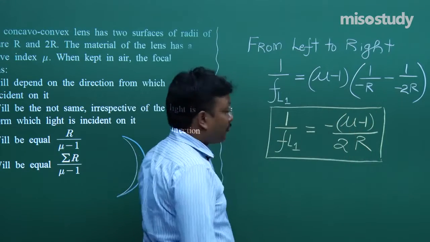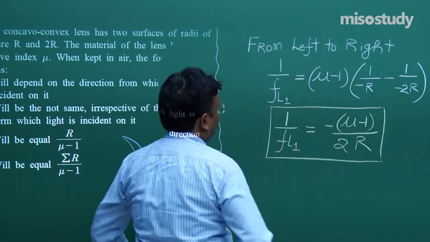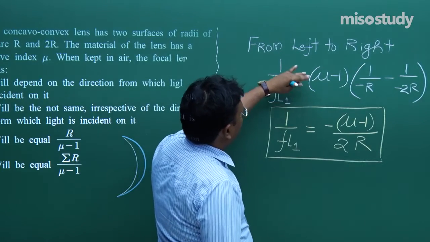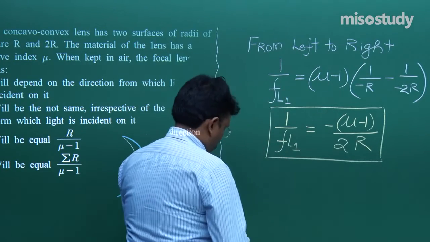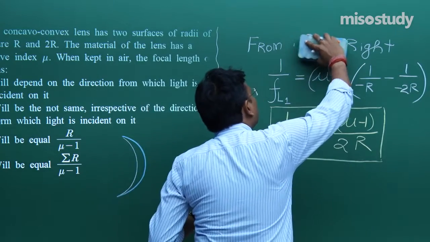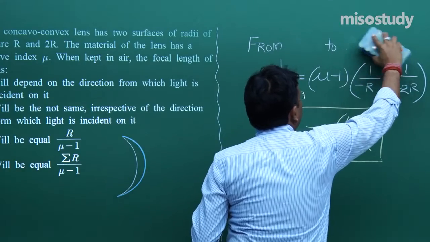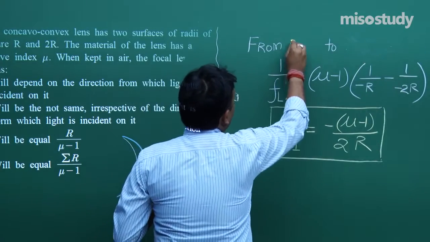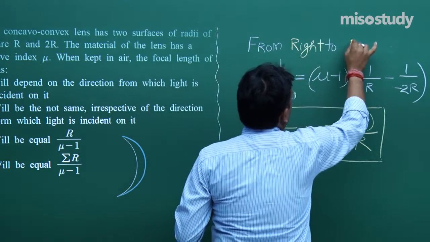No problem. Fine. Now, I would like to suggest to all of you that at the same space I want to explain from right to left. Fine. So, just change a few terms from right to left.